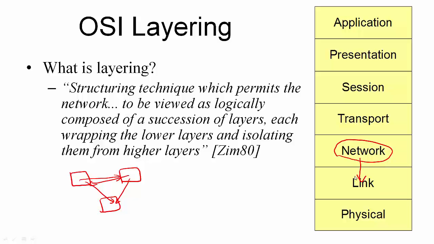In other words, it uses the services of the link layer only to achieve its own functionality. This kind of segregation is not easy, but they achieve it, and this makes implementation very easy. We'll cover some of this interlayer communication in the next video.